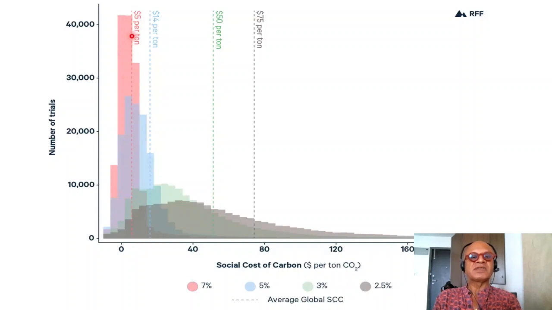So with $5 per ton, you are here, obviously the social cost ends up being very low and the uncertainty ends up being very low. When you up it to $14 per ton and a combination of discount rates of let's say 5%, 3% or 7%, you're going to end up with an uncertainty range here, and if you assume 2.5%, then you end up with a range of social cost of carbon that is very large, going even from negative here to as high as $200 per ton.